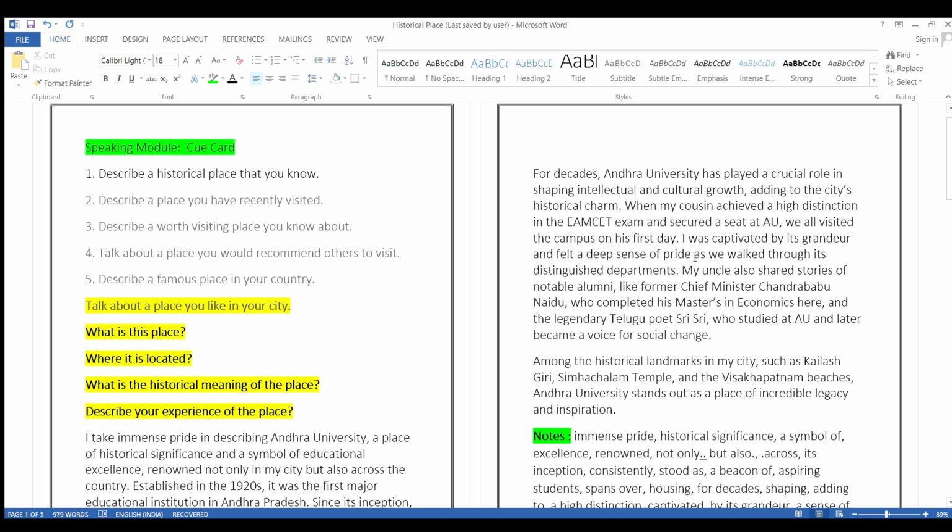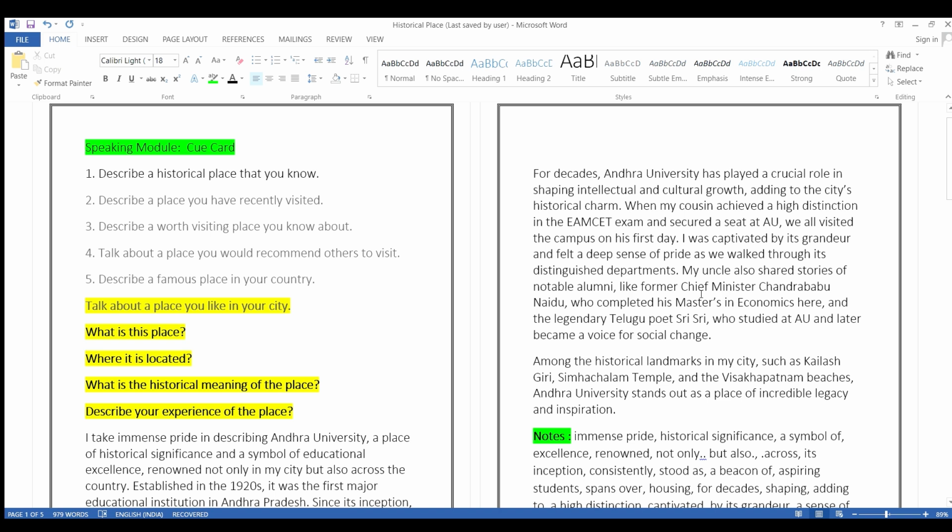I was captivated. That means I was attracted, I was pulled by its grandeur, the significance, the magnificence, and felt a deep sense of pride as we walked through its distinguished departments. Because it is a university, there are n number of departments. For the great departments, we have used the word distinguished departments.